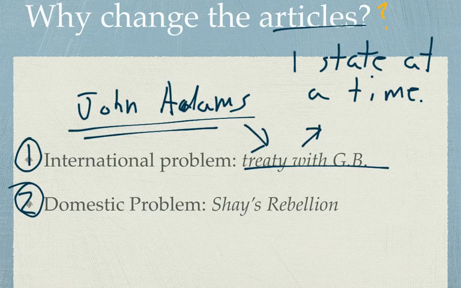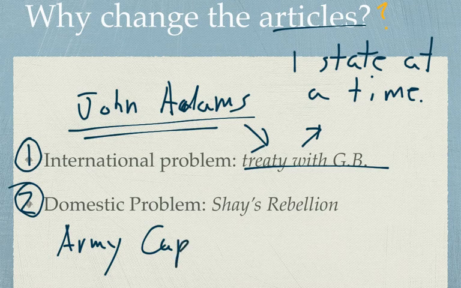Then we have a domestic problem. The domestic problem is Shays' Rebellion. Daniel Shays was an army captain in the Revolutionary War. Lots of the men who fought in the Revolution didn't get paid.